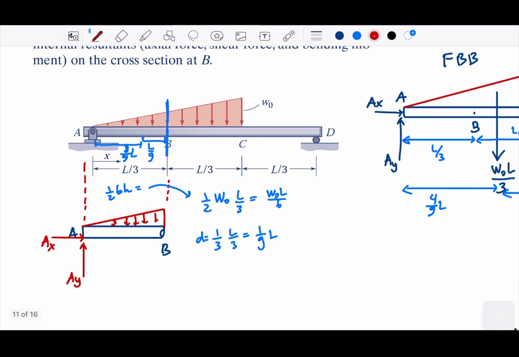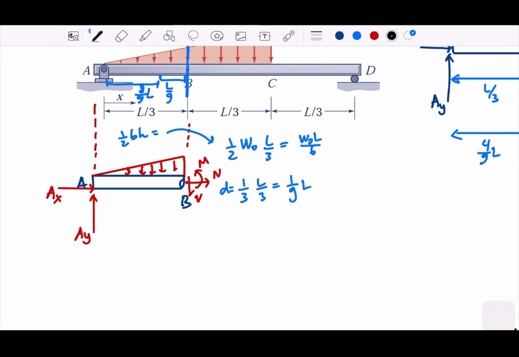And then we take this, the F or N, this is the shear and the moment. Again, we are going to take the same thing. So here is the resultant. The resultant is over 6.